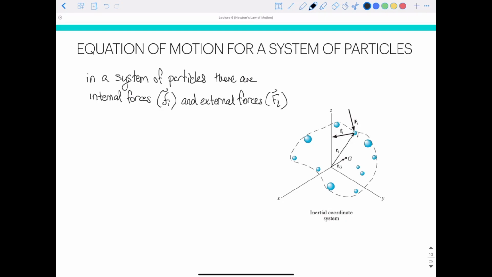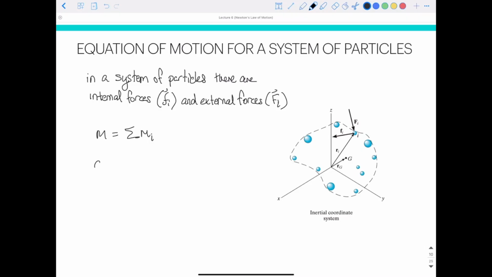So what is the difference between them? If we use the definition of mass, the total mass of the system is equal to the sum of the mass of each individual particle.